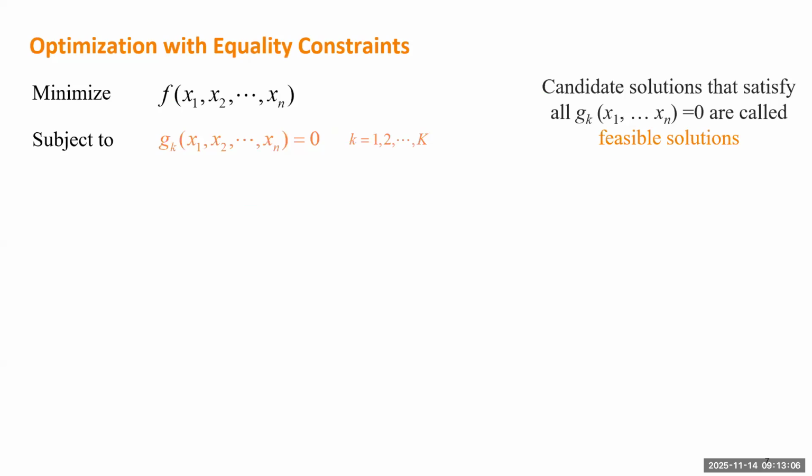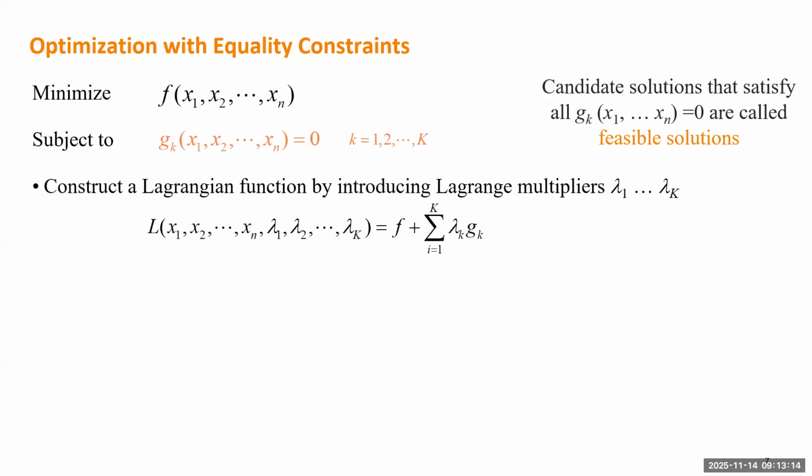So we start from the optimization with equality constraints only for economic dispatch of generation. So the Lagrangian function will be the original cost function integrating some equality constraints, each one multiplied by a lambda.